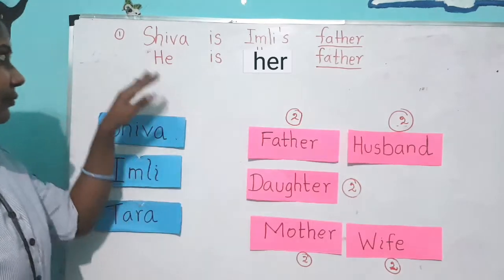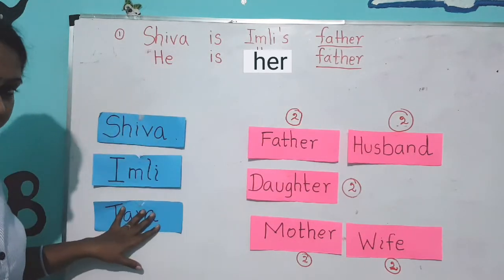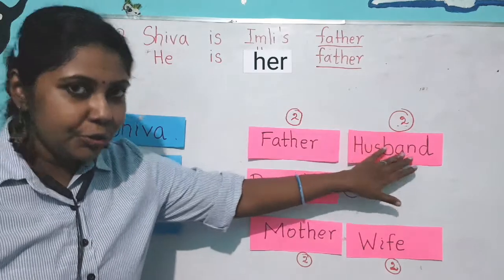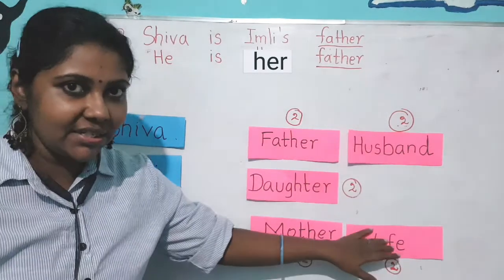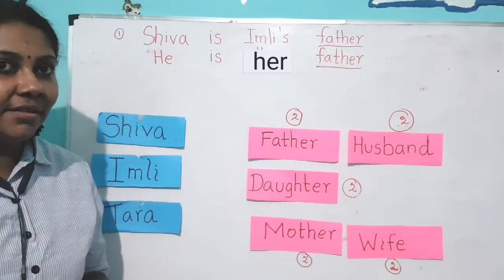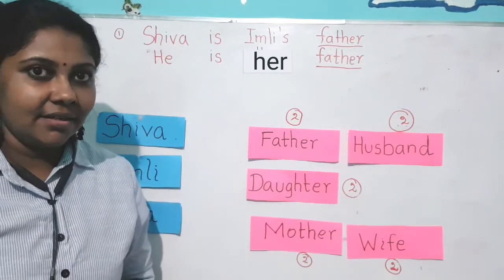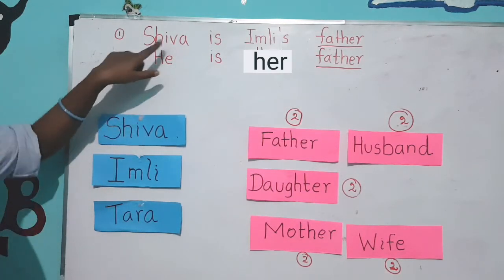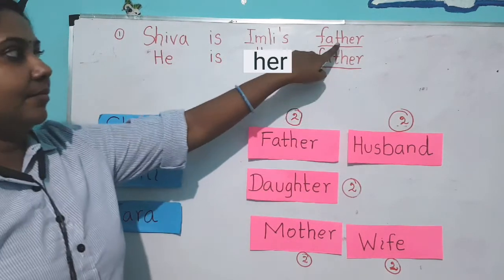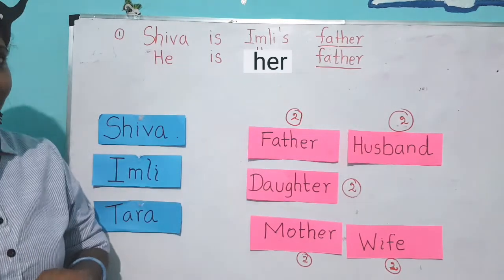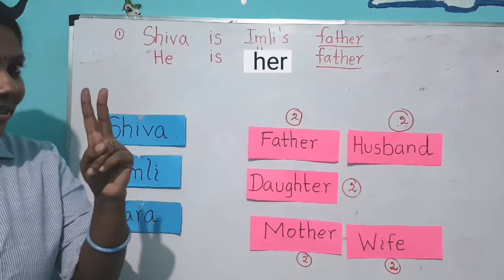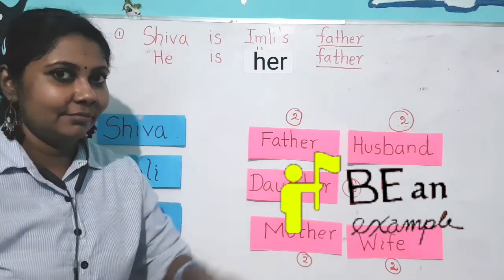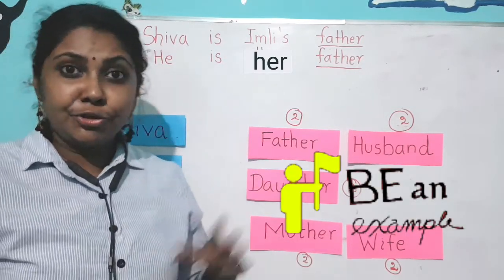Understood? Using these people and using these words, you have to make sentences. Okay? Two sentences for each.